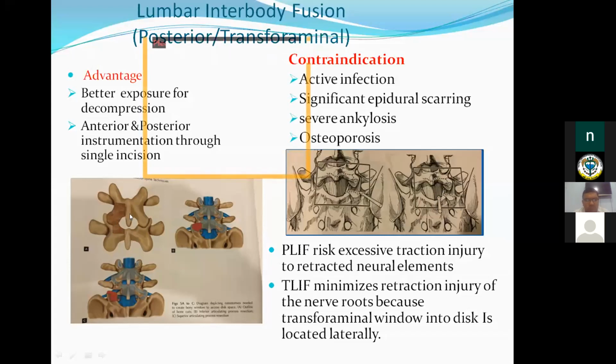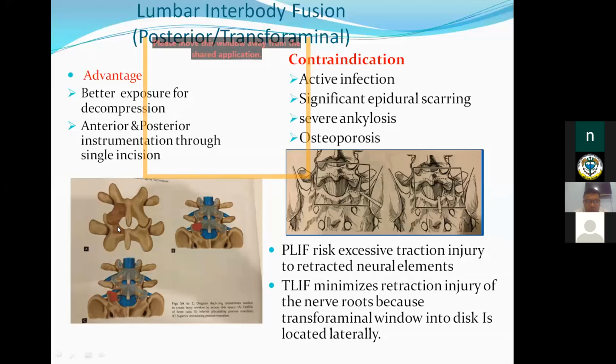Once the exposure is done in TLIF, we remove the inferior facet of the cephalad vertebra, starting just below the pars, and then the superior facet of the caudal inferior vertebra. We make a horizontal cut superiorly and a lateral cut inferiorly. Then we also remove the lamina of the inferior vertebra.